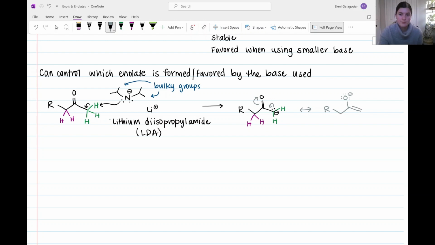The double bond. So both are structures of this enolate. So with a bulky base, the kinetic enolate is favored.